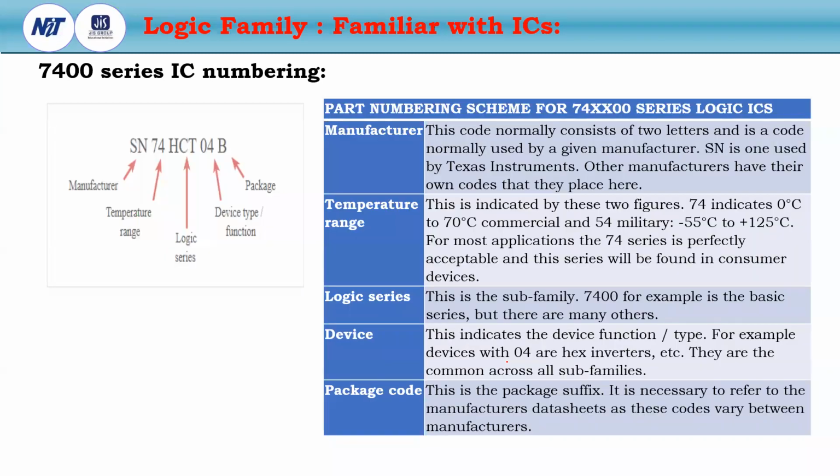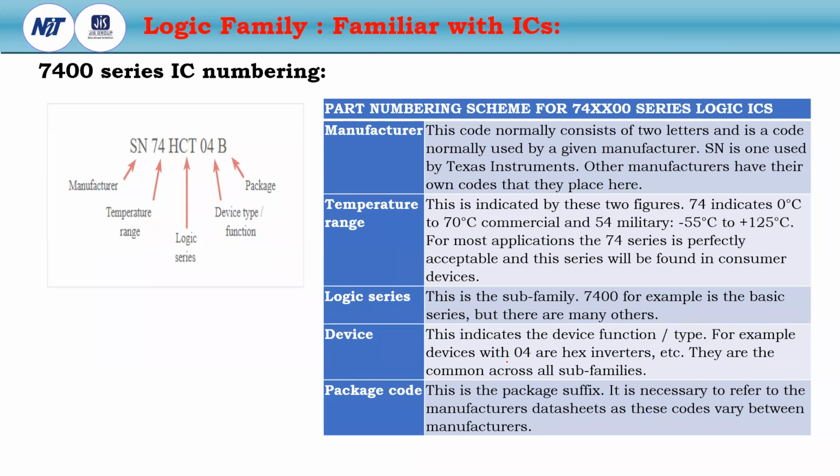So now we should know the ICs. We all know there are some numerical values and some alphabetical letters on the body of the digital ICs. These letters and numbers signify some parameters.